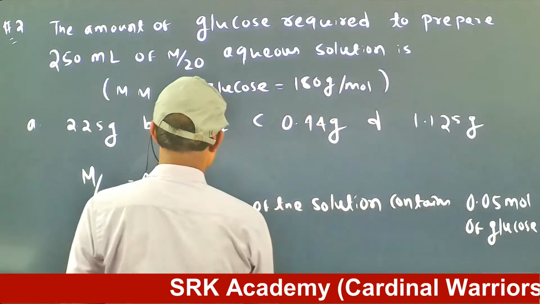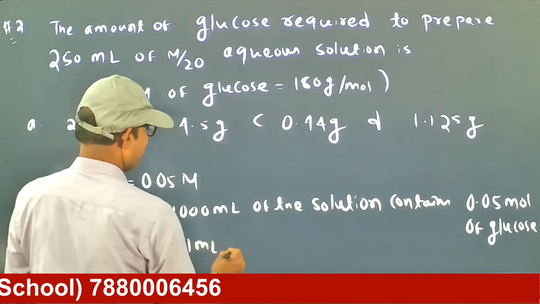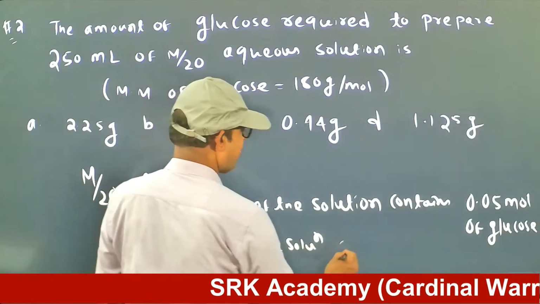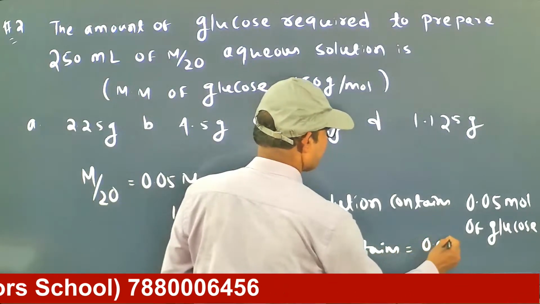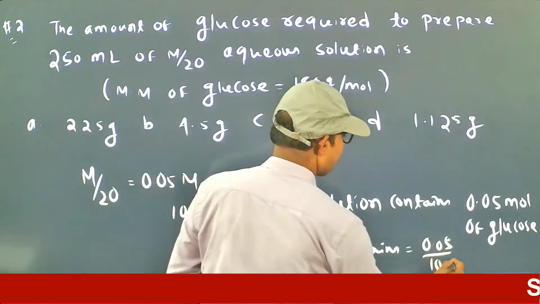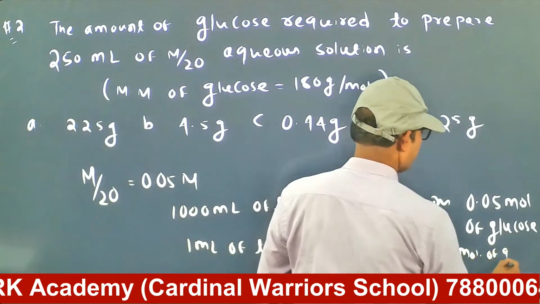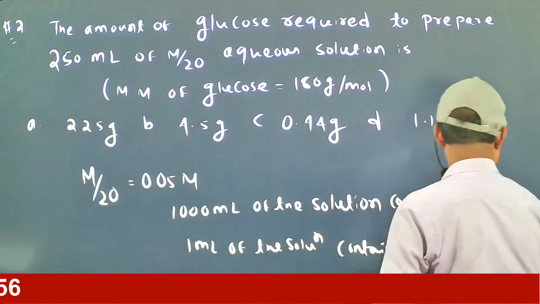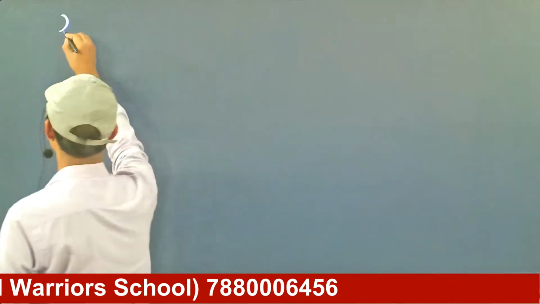So 1 ml of the solution contains 0.05 upon 1000 mole of glucose. Clear? Understood? So 250 ml contains what?